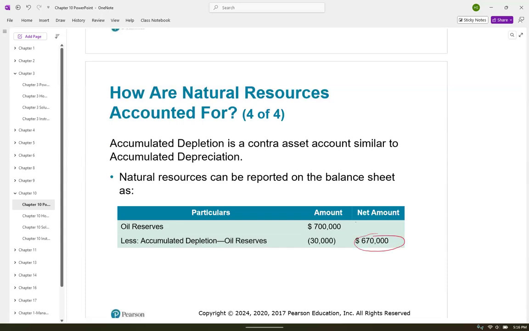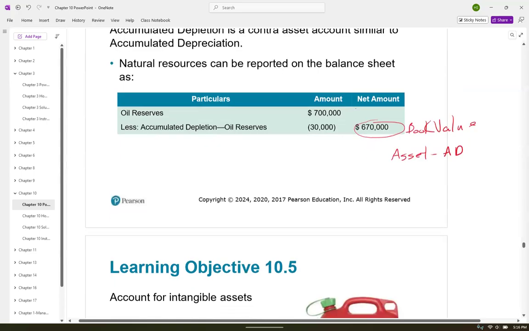And it has a book value. Remember, book value is just whatever the asset is minus its accumulated depletion, accumulated depreciation, or accumulated amortization.